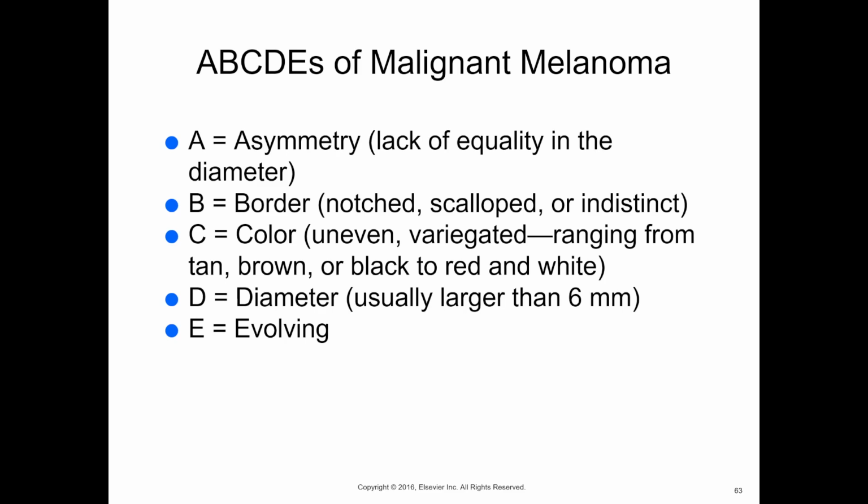If you see an asymmetric lesion, that's a red flag. A border that is irregular, notched, scalloped, whatever descriptors you want to use, that's a red flag. Color, if it's a vastly different color than the surrounding skin, or the color has changed rapidly, that's a problem.